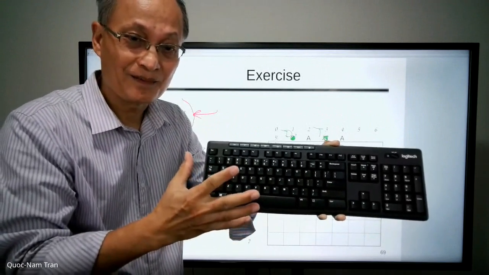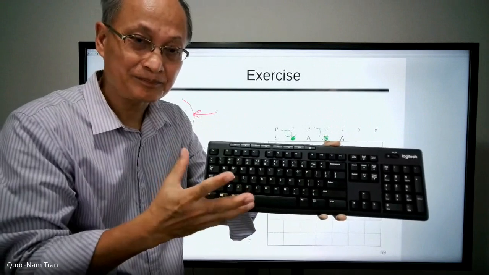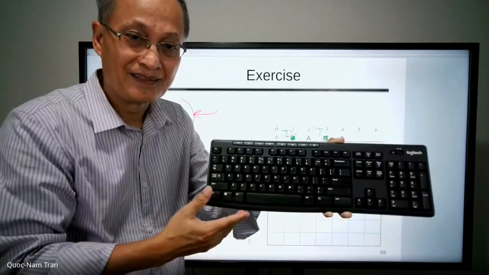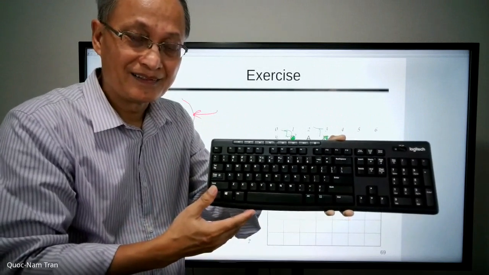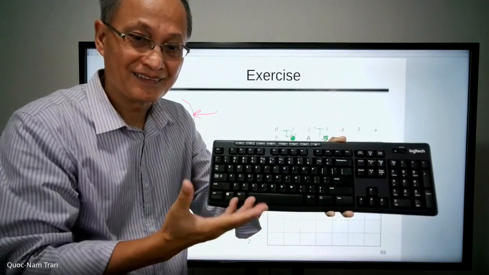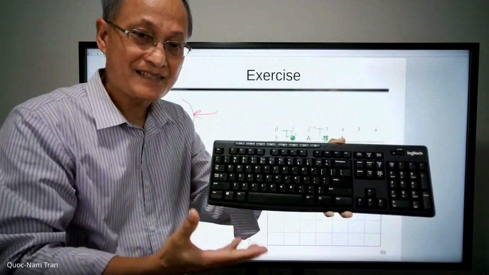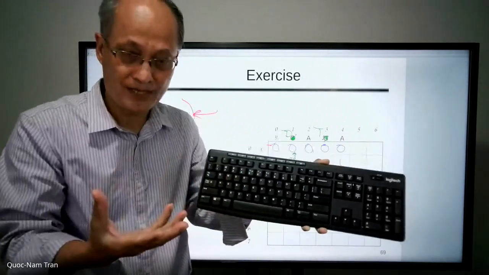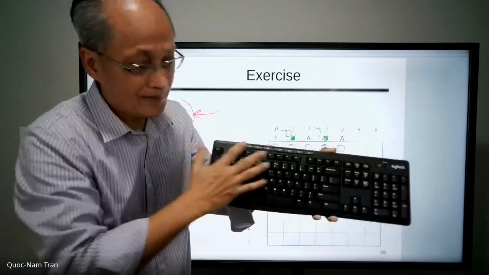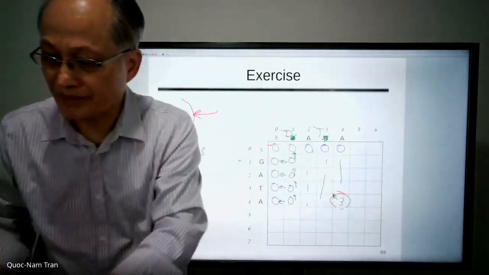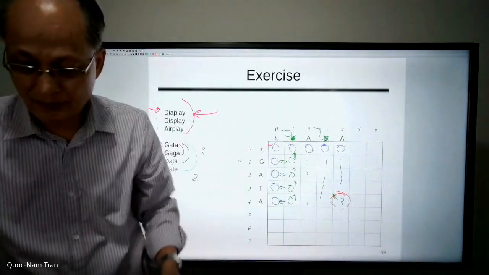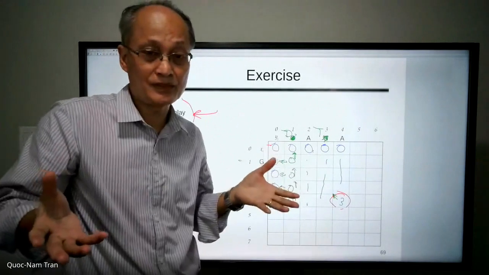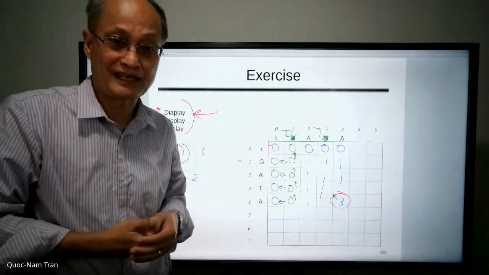Okay, so you understand the idea? Yes or no? Okay, very good. So that said, we try to have some kind of scores based upon the design of the keyboard. Of course, here we have the keyboard in the United States. All of us are using that, right?